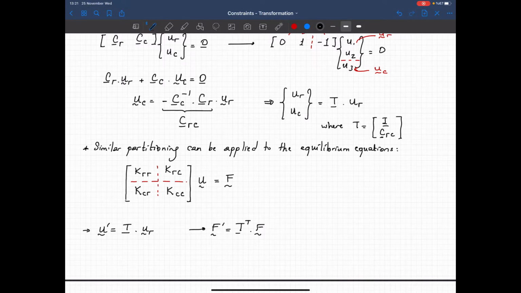Okay. And since we have the following relationships, remember our rotation matrix derivation, the constrained stiffness matrix will be then equal to T transpose multiplied by K multiplied by T. Okay, that's the constrained stiffness matrix.